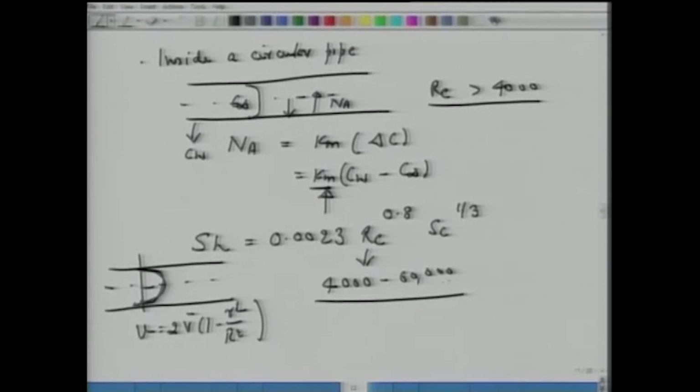So in the case of turbulent flow, where there is uncertainty in predicting the velocity profile, we can come out with this correlation. The author has come out with this correlation based on experimental data, with the restriction that Reynolds number is between 4000 and 60,000 and Schmidt number is between 0.6 and 3000. So once again we have given this example of where there is a necessity of defining these mass transfer coefficients.